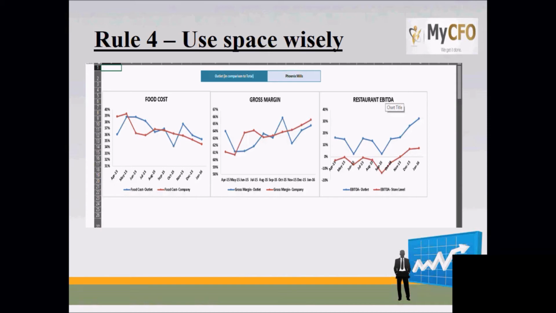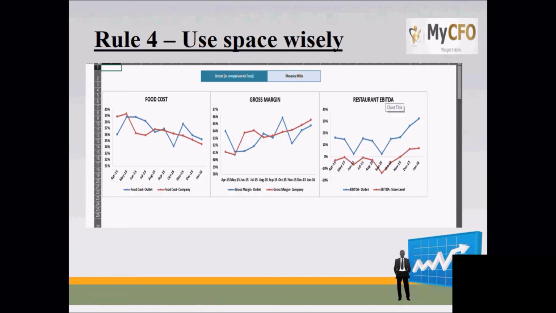This is another example of how we have utilized space while creating a dashboard for one of our clients. There are only 3 charts in this particular dashboard. However, you can see the data represented are all financial data.